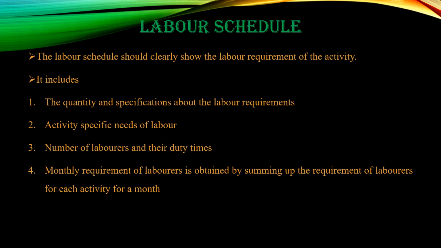Monthly requirement of laborers is obtained by summing up the requirement of laborers for each activity for a month. So, the labor schedule is the schedule which expresses the details regarding the labor requirement of a construction project. The labor schedule also constitutes the data regarding the payment for the labor.